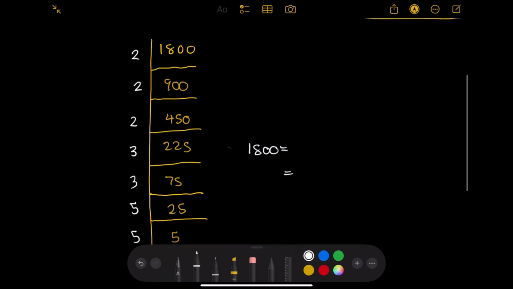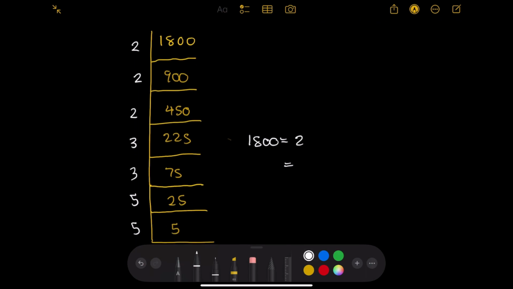So this is always something important to look out for. How many 2's do I have there? It's 3, right? 2 times 2 times 2, and then times 3 times 3, then times 5 times 5.